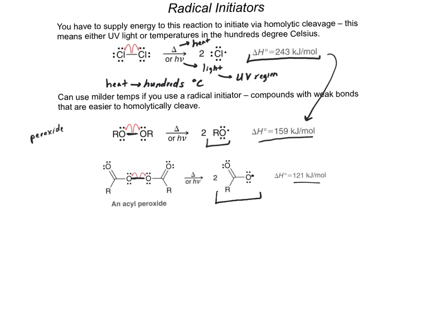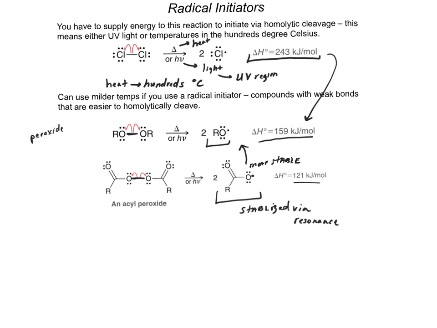The reason this one doesn't require as much energy compared to the peroxide-based species is because this radical can be stabilized via resonance. Because of that, it is more stable than the peroxide-based product over here, and so it's going to have a smaller bond dissociation energy.